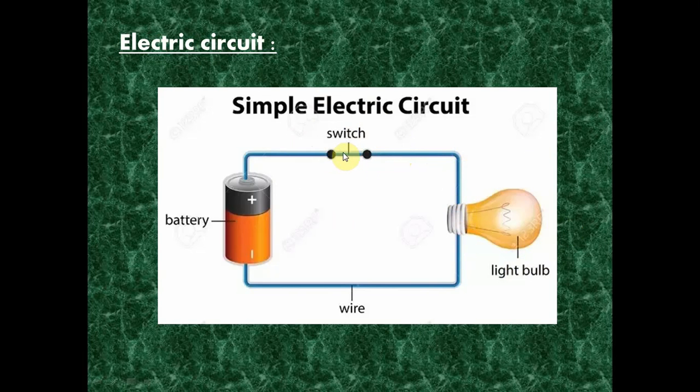But if this switch is open, the electricity will stop here because this part is open, so it can't reach the lamp, and the lamp will never work. So again, the switch has to be closed to make the simple electric circuit work.